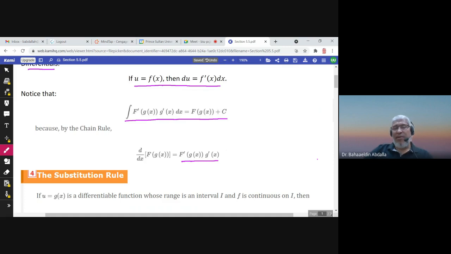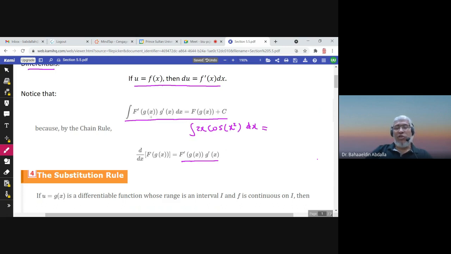As an example, if we need to find the integral of cosine of x squared times 2x, I would like to write 2x outside here, dx.